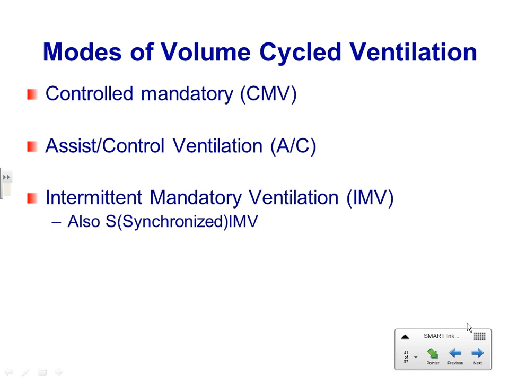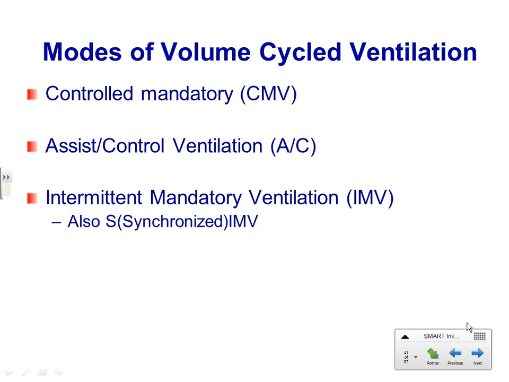And then you have intermittent mandatory ventilation or synchronized intermittent mandatory ventilation. And what that ventilator does, it has a set rate, number of breaths per minute, set tidal volume, guarantees that set rate even if the patient stops breathing.